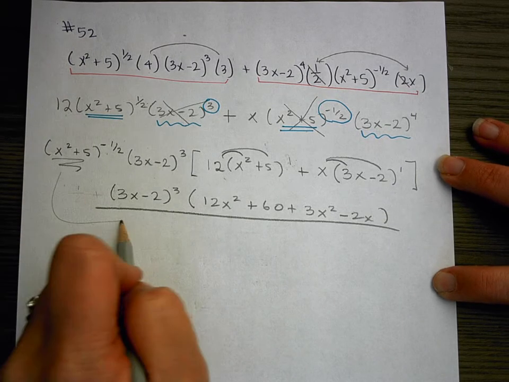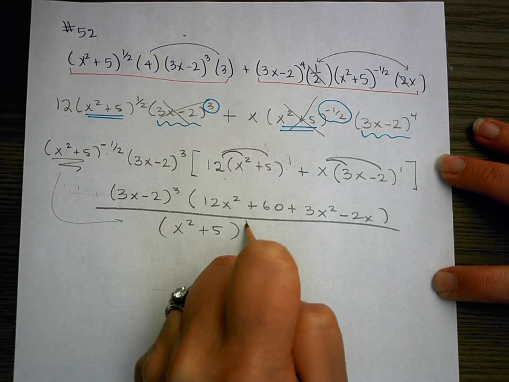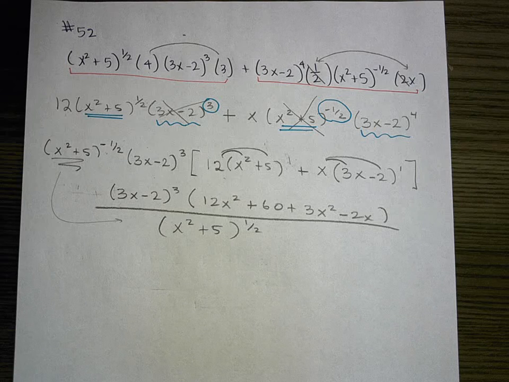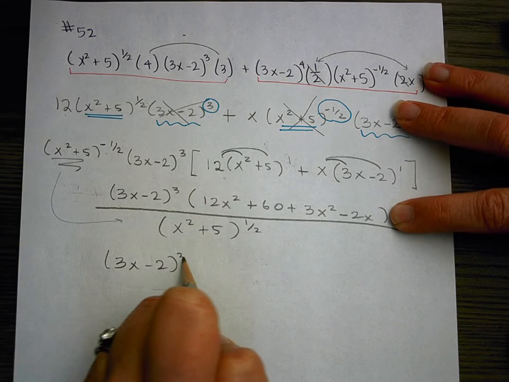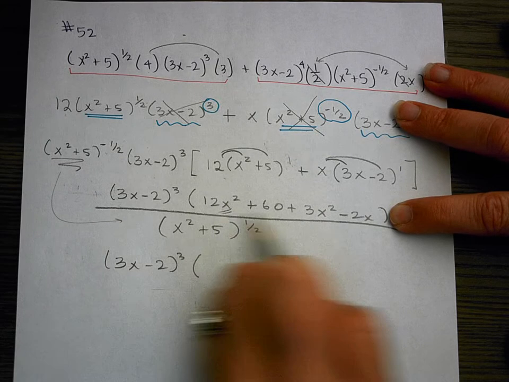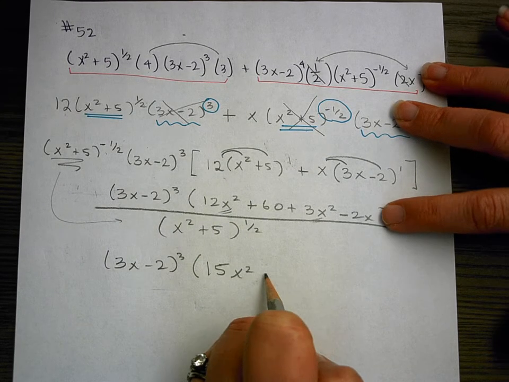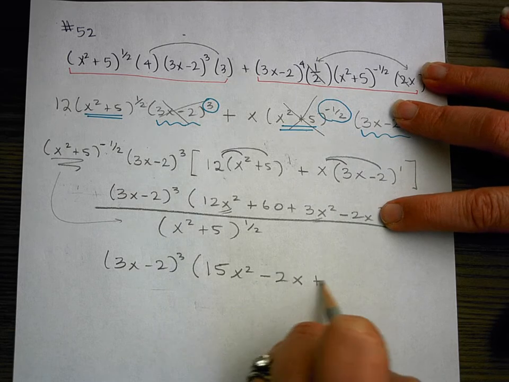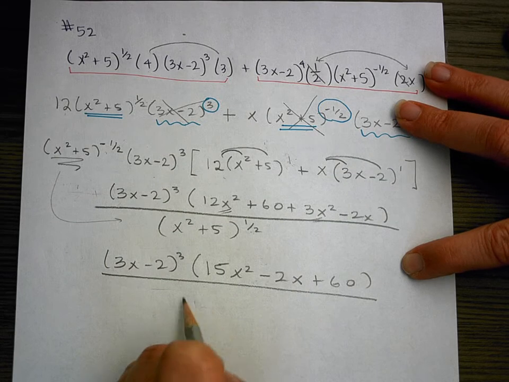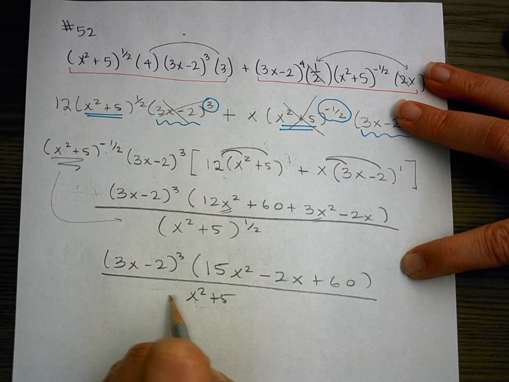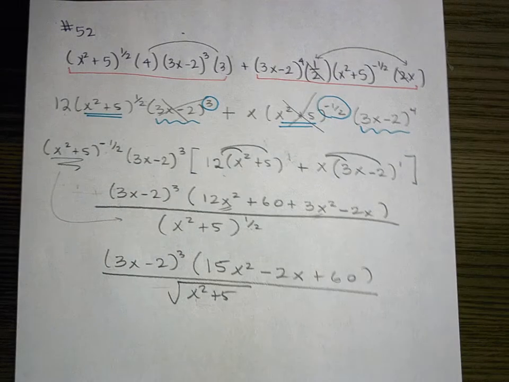So I'm going to move that to the denominator, and then that will be a positive 1/2 power. And then combine like terms in there: 12x squared and 3x squared, and then negative 2x and positive 60. And if something's to a 1/2 power, that means you have a square root to a power of 1, and all of those are implied. And then that's it.